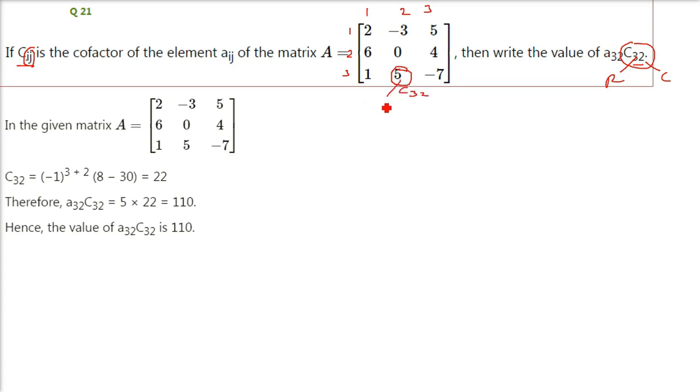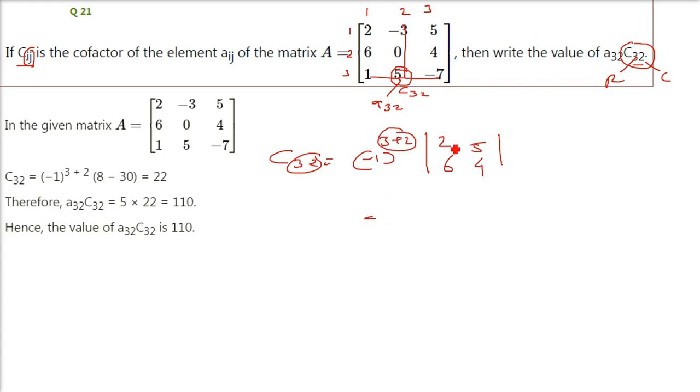C32 is the cofactor. Let us take the cofactor first, and you already know in order to find the cofactor, it's -1 to the power of i plus j. Then we leave the row and column intersecting at that value and take the other values, that is 2 by 2. So 2, 6, 5 and 4 will be there. See, -1 to the power of 5 is negative.